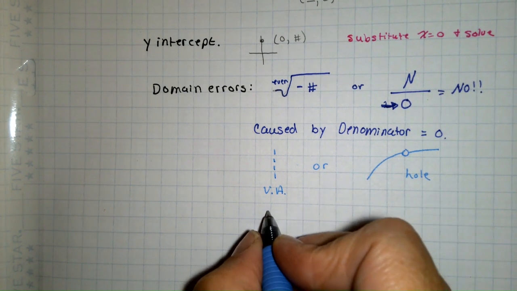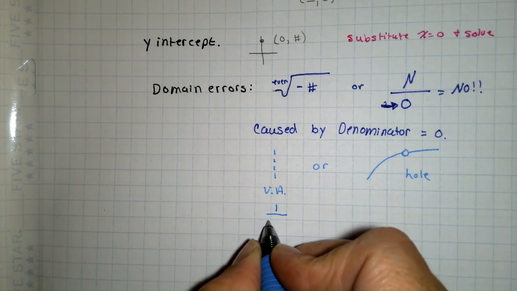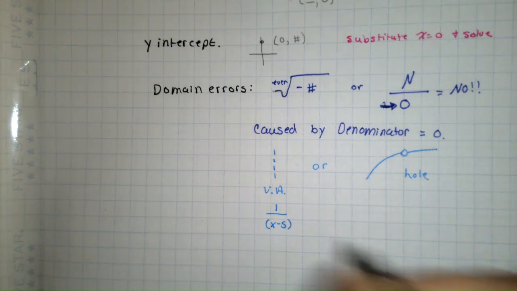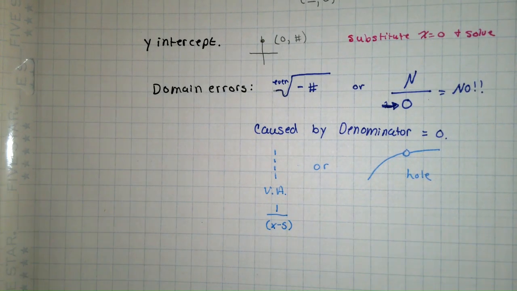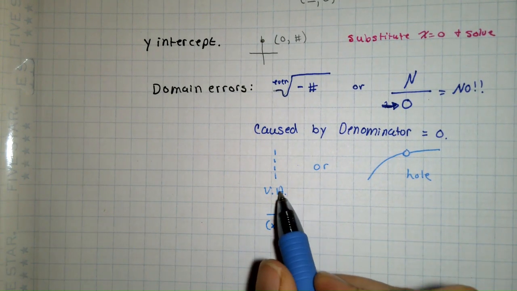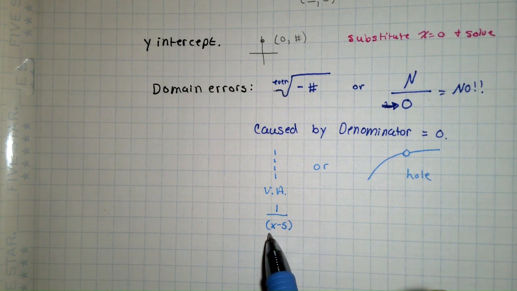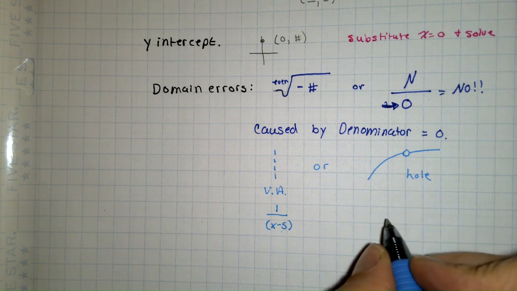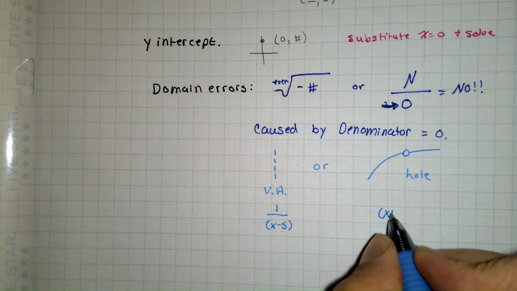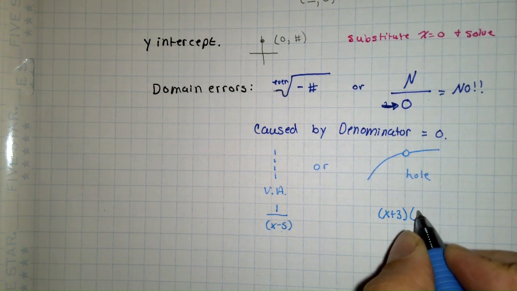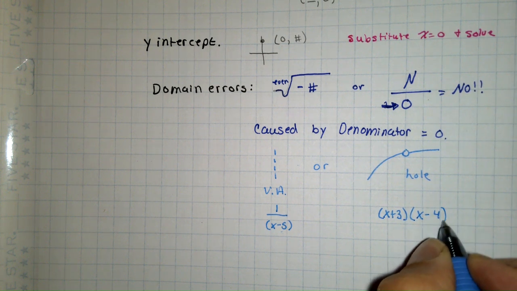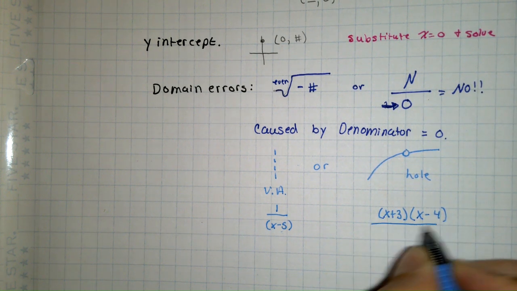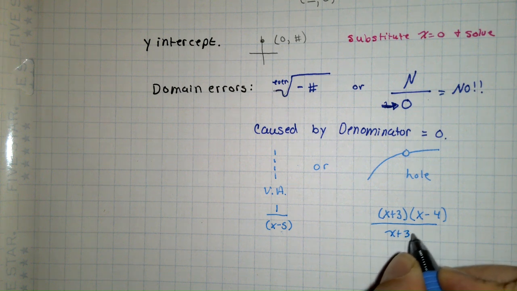So a vertical asymptote would be like if I had 1 over x minus 5. And so the vertical asymptote is going to happen because of this domain error that is at 5. The hole is going to happen, for example, if you had like x plus 3 over x minus 4, or sorry, times x minus 4, and that's over x plus 3.